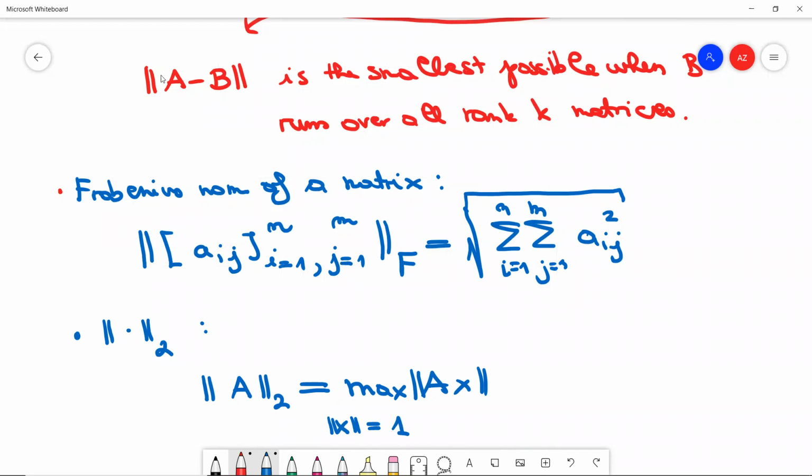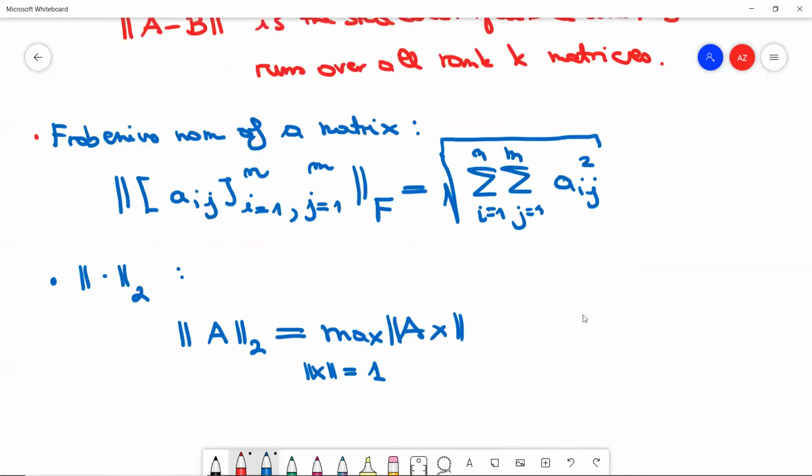This is the other possible norm of a matrix, but there are also many others. So for the 2 norm of a matrix, we calculate the norm of the vectors AX when X runs over the unit sphere, all vectors of norm 1. We calculate the maximum, and this also gives us a matrix norm.